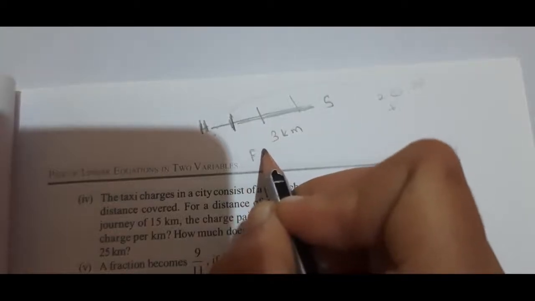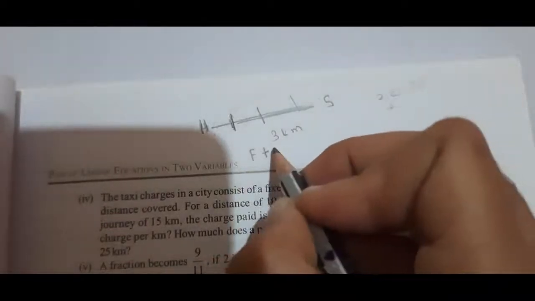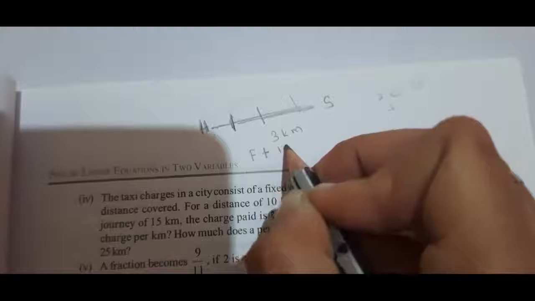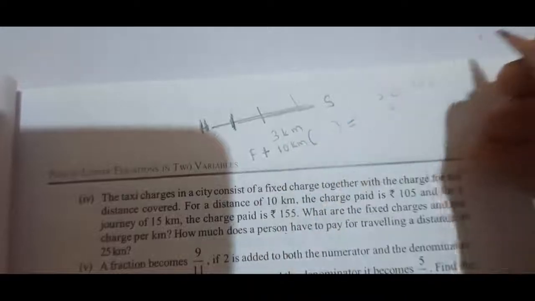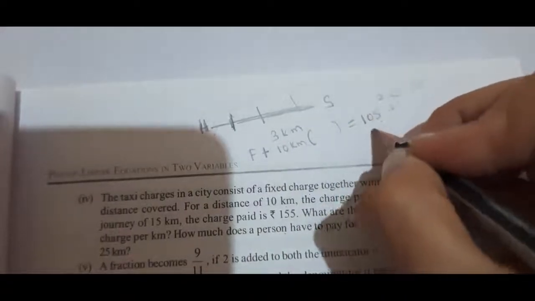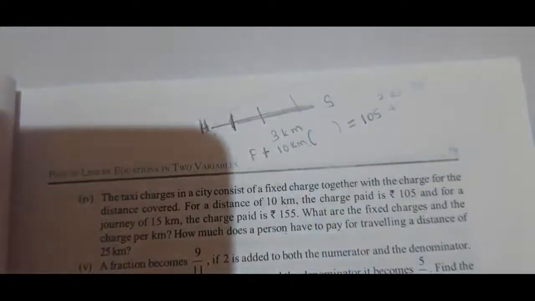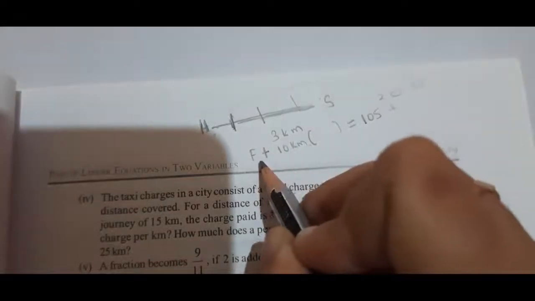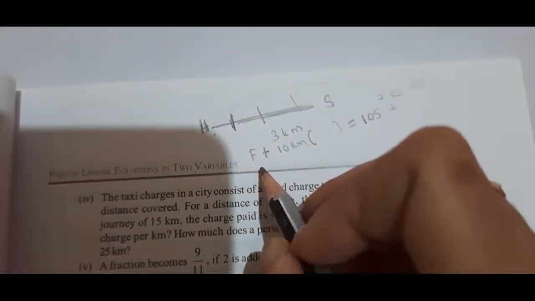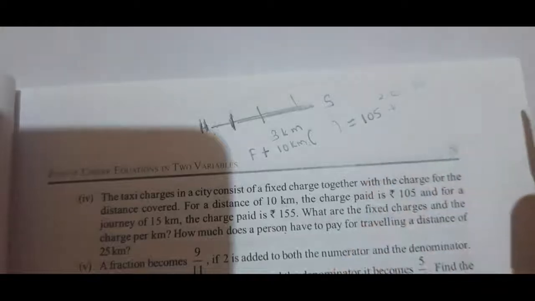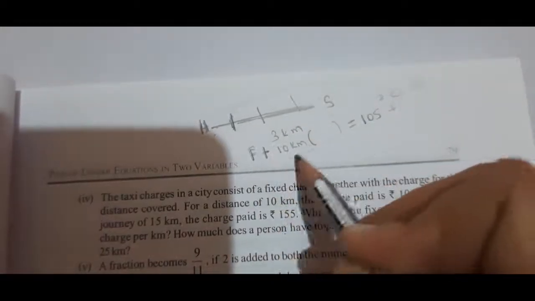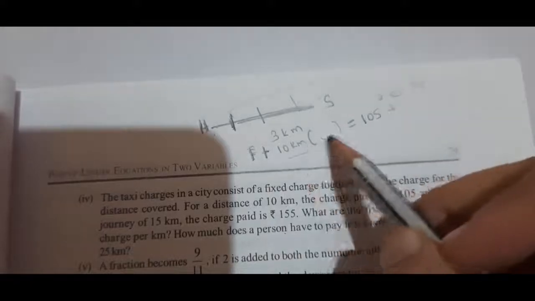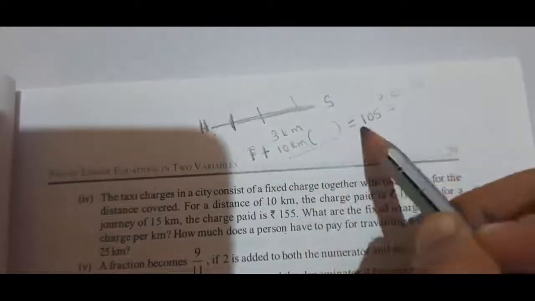Fixed charge plus how many kilometers? 10 kilometers with what rupees? For 10 km the total bill is 105 rupees. The fixed charge is compulsory, we have to give it, along with the kilometer rate.